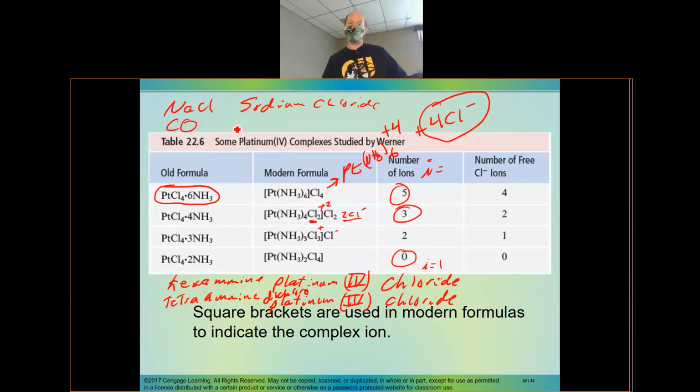No, it's carbon monoxide. So when you are naming your ionic compounds, you do not use the Greek prefixes. So you just say chloride, not tetrachloride. It is simply just chloride, not dichloride, just chloride.